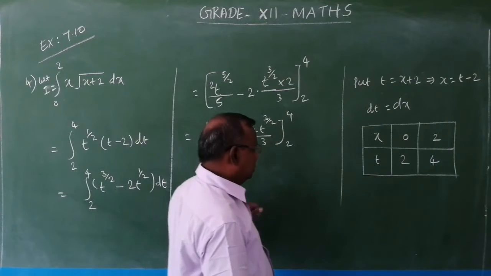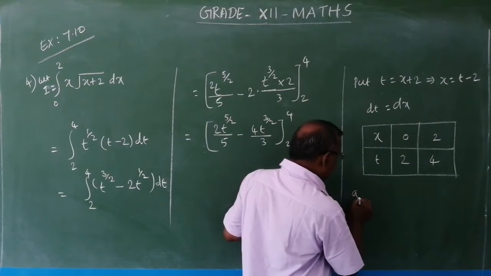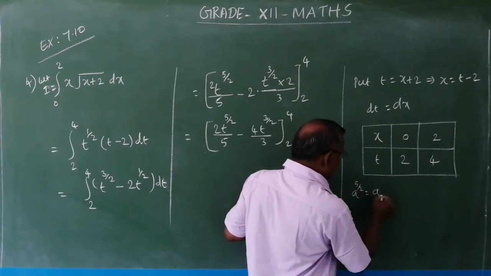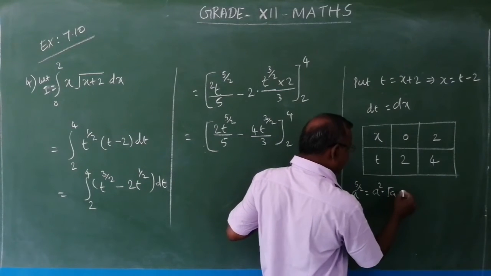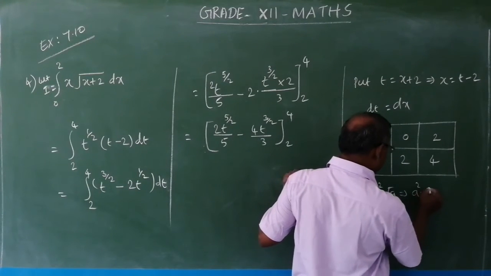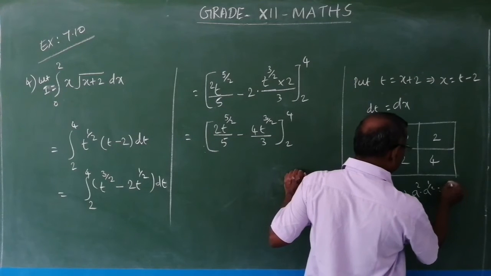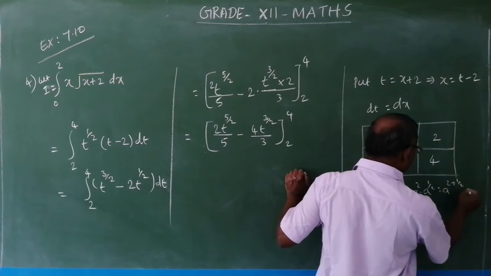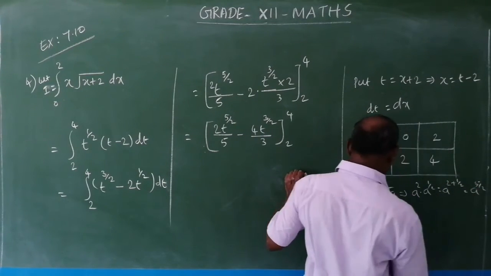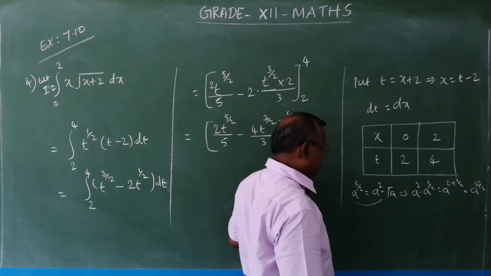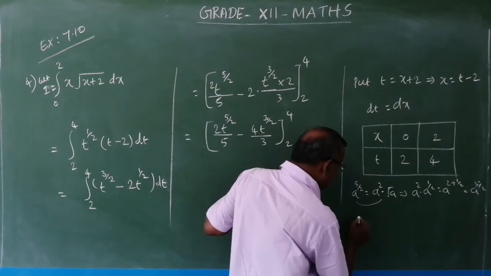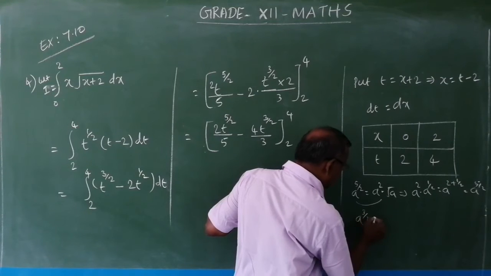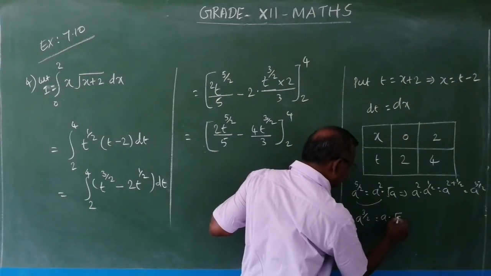Now, a power 5 by 2 means a square into root a, that is a power 2 into a power 1 by 2, equal to a power 2 plus 1 by 2, which is a power 5 by 2. So, a power 5 by 2 equals a square into root a, and a power 3 by 2 equals a into root a.